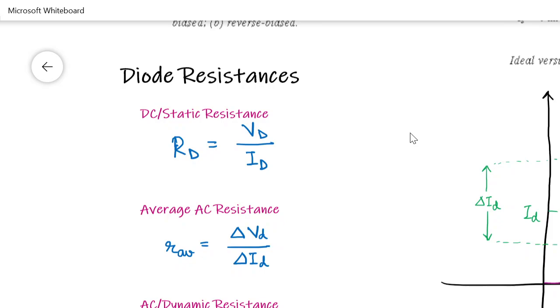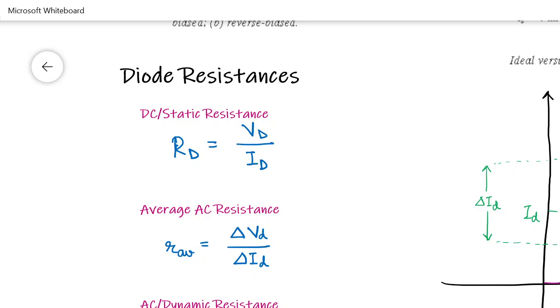The first one is DC or static resistance. This is very easy. It is simply a ratio of the bias voltage to the current, so it is simply Vd by Id. There is an operating point. Suppose here there is the operating point. This is called the Q point, the operating point. I would define it more later.